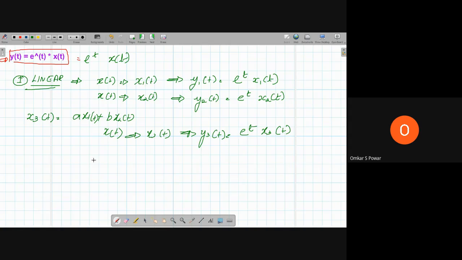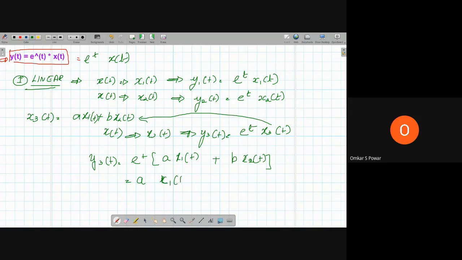Now substitute this x3 of t. So y3 of t is equal to e power t into a into x1 of t plus b into x2 of t. Now a you take outside, x1 of t into e power t, I have just multiplied here. Then similarly you multiply on the other side, b into x2 of t into e power t.